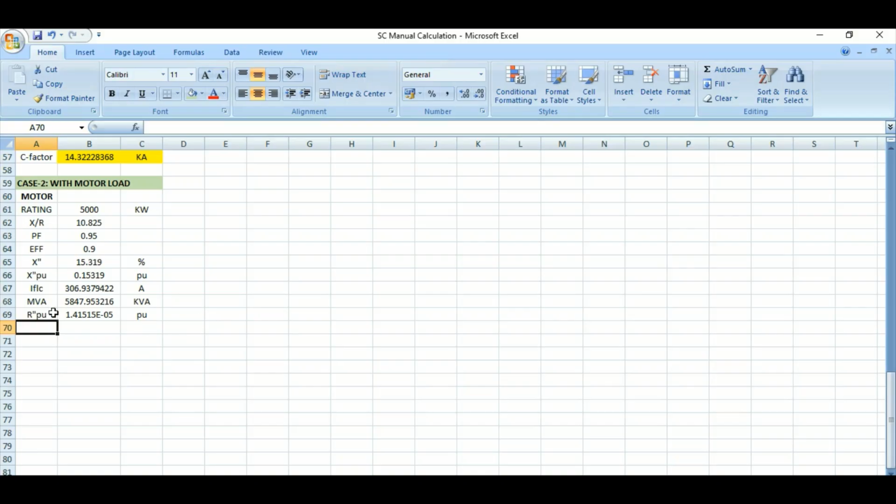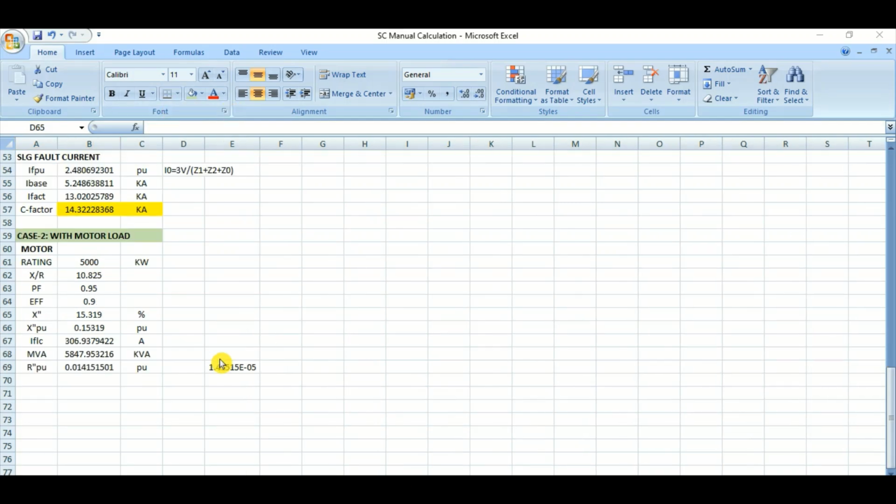So now for motor we have got X dash per unit value and R dash per unit value.